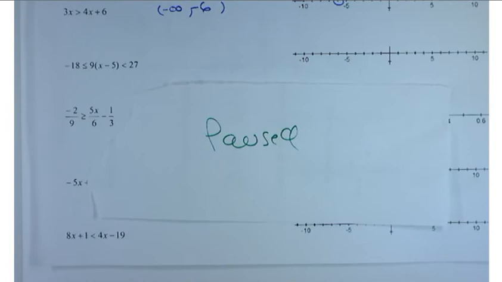So it's going to be 72. I'll let you recalculate this over here. But you need to add 45 to all three parts of the inequality. So 45 here, here.